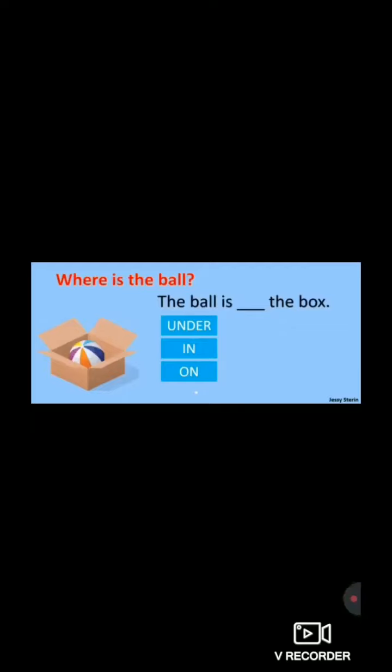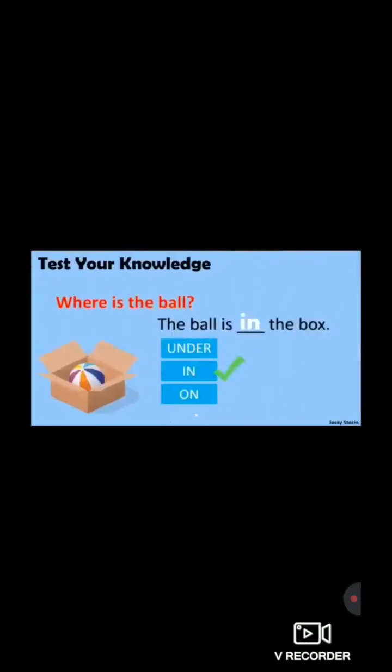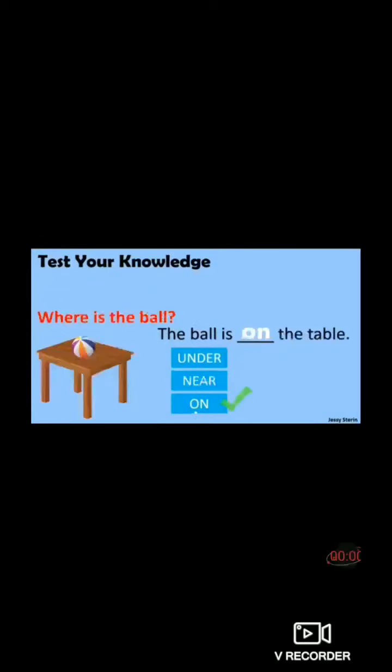So, the answer is the ball is in the box. So, the answer is in. Right, students? So, here now the second one. Where is the ball? So, the answer is the ball is on the table. Right, students?